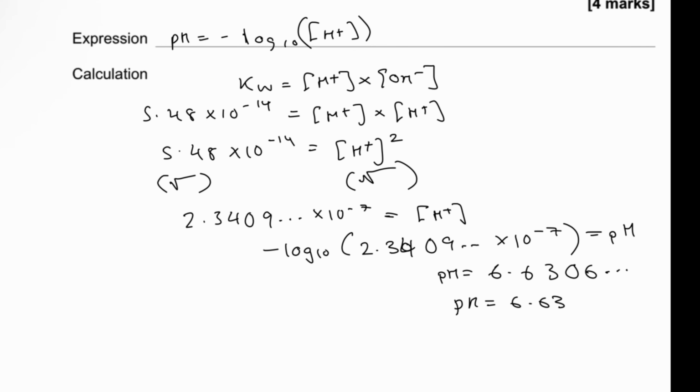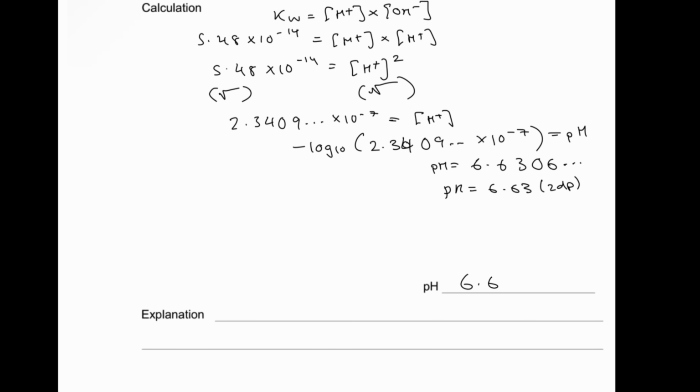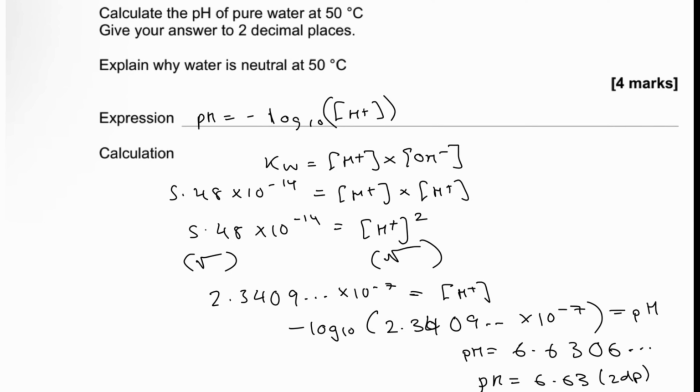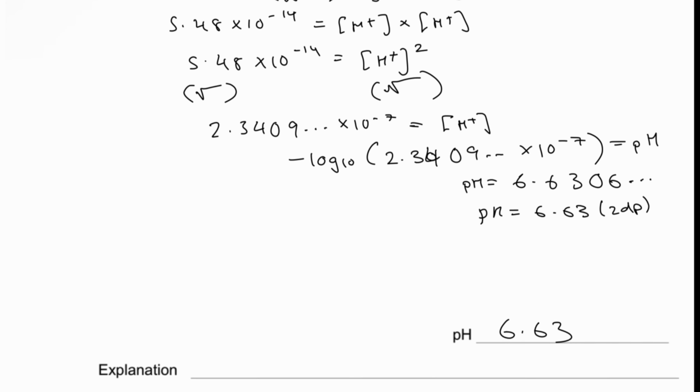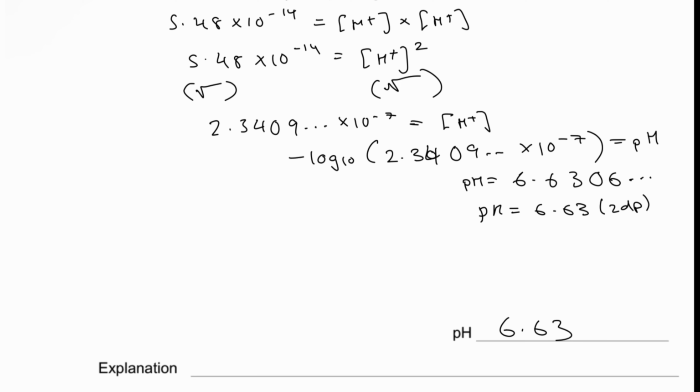So we got a value, again that's 2 decimal places, of 6.63, but why is water actually neutral at 50 degrees? Because my value is actually saying otherwise. So the reason why it is always neutral is because the concentration of hydrogen ions should always be equal to my concentration of hydroxide ions.